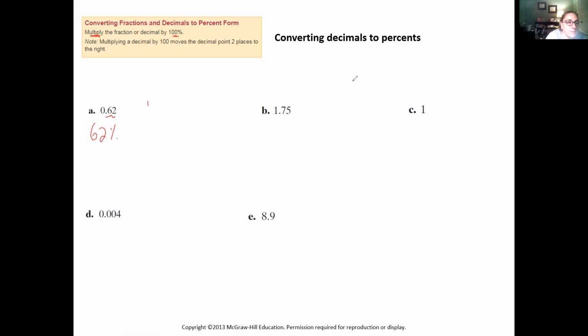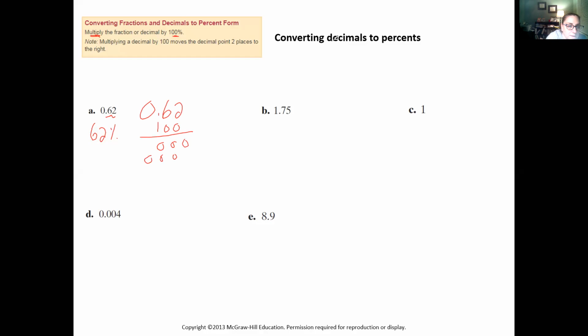So, for example, 100% times 0.62. So I would get 0, 0, 0. And I get 0, 0, 0.